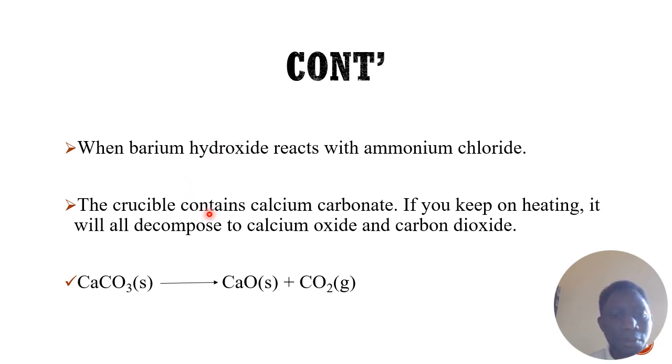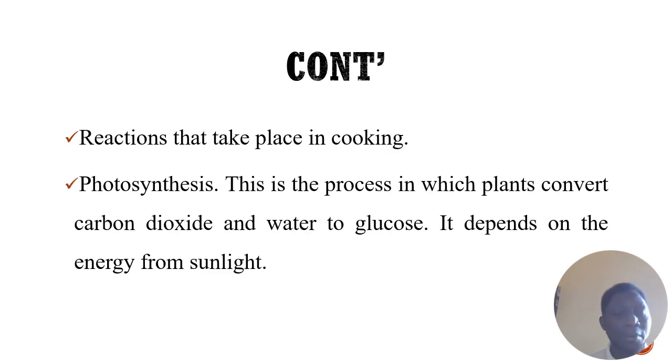When the crucible contains calcium carbonate, remember this calcium carbonate is limestone. If you keep on heating, or if you decompose by heat, really it produces calcium oxide and carbon dioxide. This reaction also is endothermic.